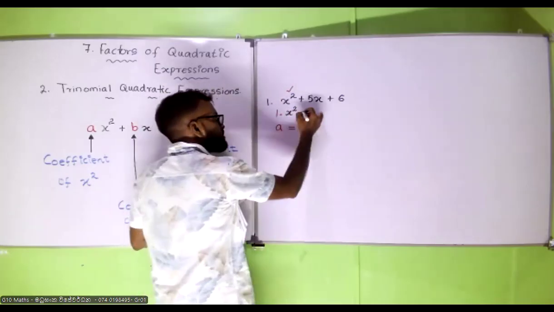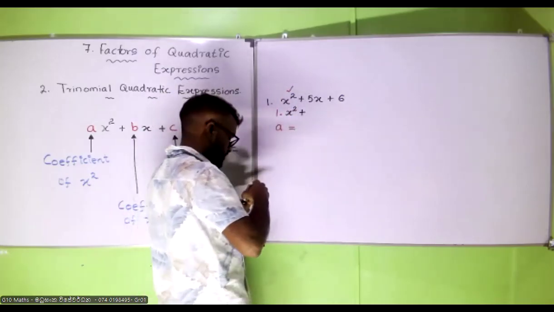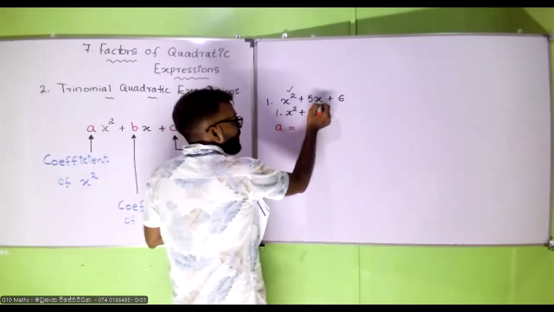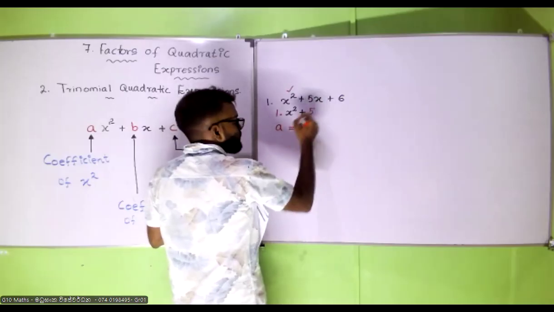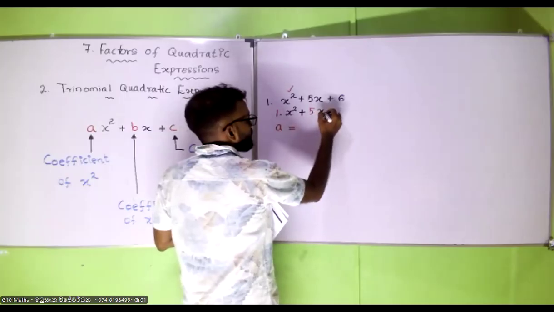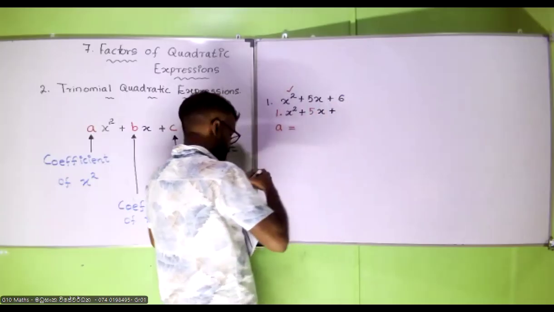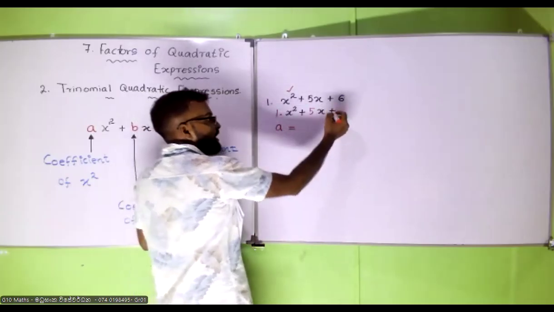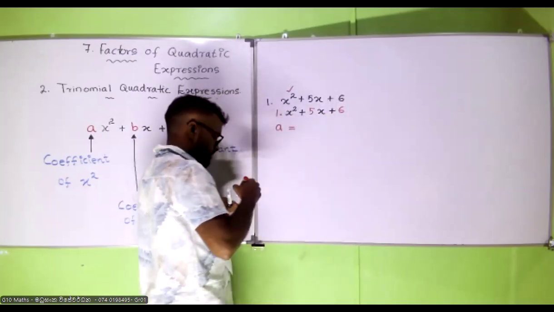Plus the coefficient of x, it is 5, x, plus then the constant, it is 6.